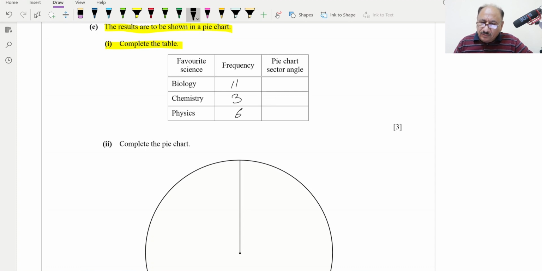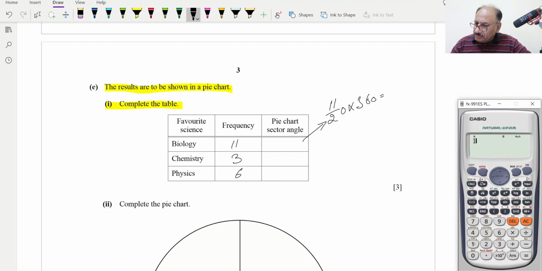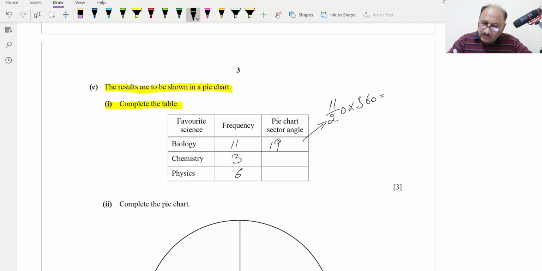So 11 out of 20 multiplied by 360 will give us the angle for bio. So we can write 11 over 20 multiplied by 360 is equal to 198. So this angle will be 198 degrees.